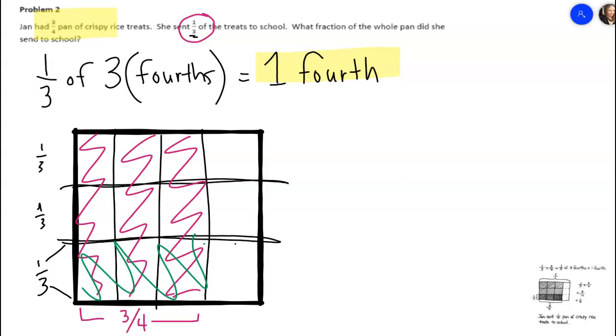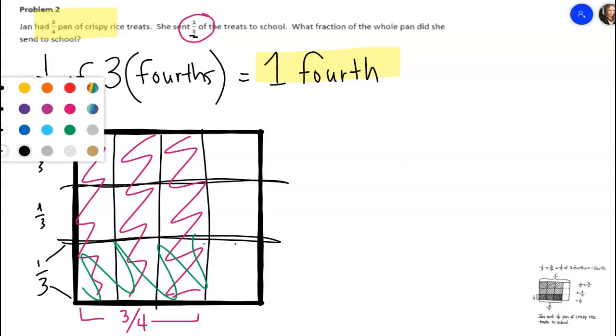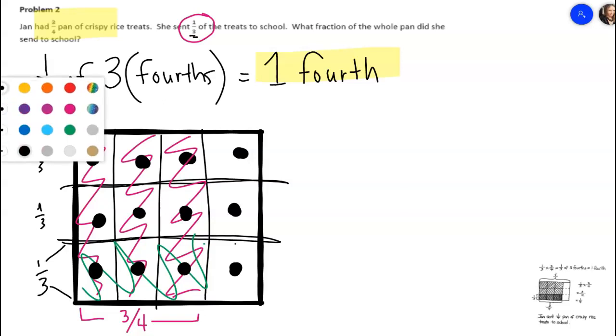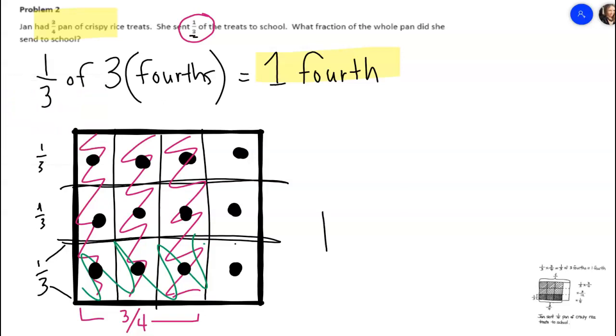So now we're going to see how many parts our whole was divided into. We have 1, 2, 3, 4, another group of 4, 8, another group of 4, 12. So our total is broken into 12 equal parts. How many were taken to school?